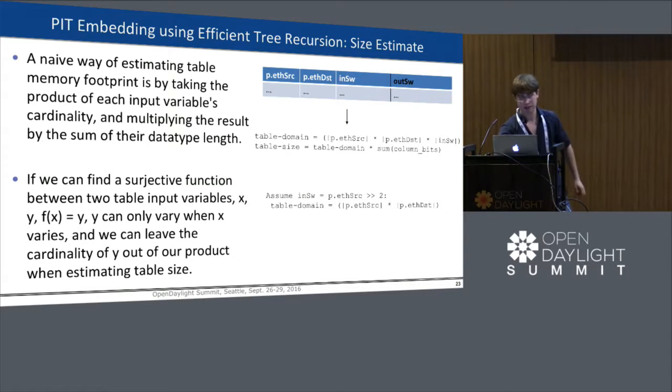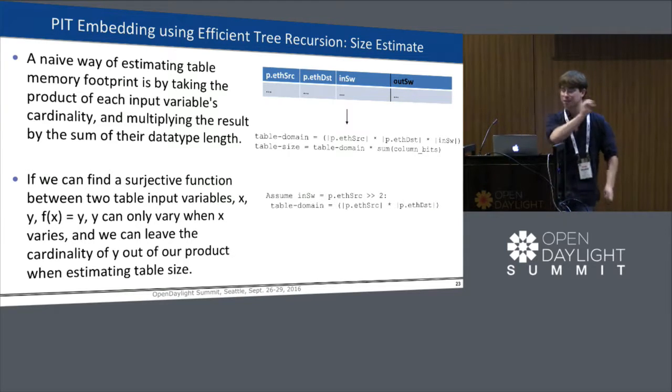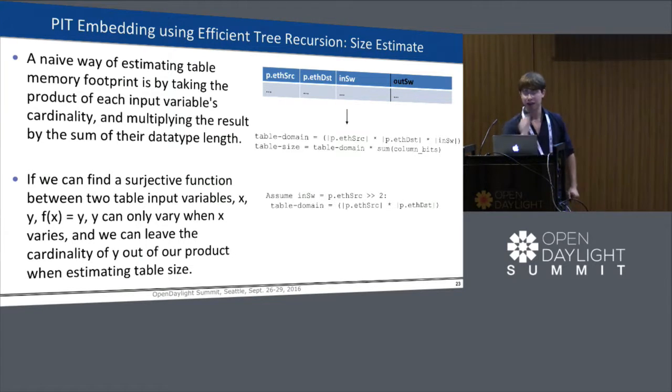That is, in this particular table, we take every single value that P source could have, every single value that P desk could have, every single value that P input switch could have. We multiply them all together. This gives us the number of rows. And then we calculate the number of bits in each row. That is the sum of each of the data type lengths. And using this gives us the total table size, the total number of bits in silicon this table is going to take up.